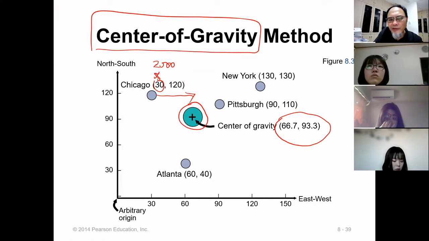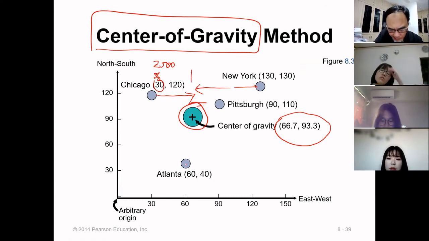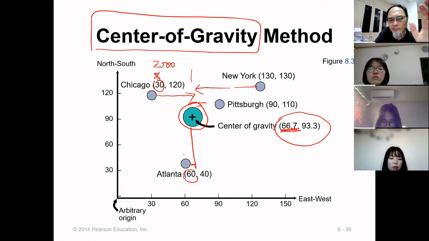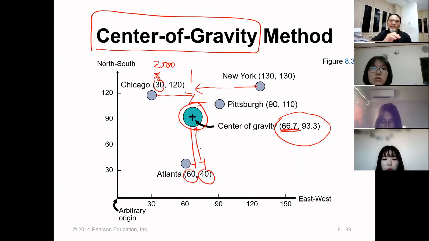So if I add all this, for example, from X move here, from X move here, and then X, this is very little, 60 to 66.7, very little. Okay, so add up, that will become plus the Y movement, that means 40 multiplied by this distance here, okay? So basically it's the center of gravity.